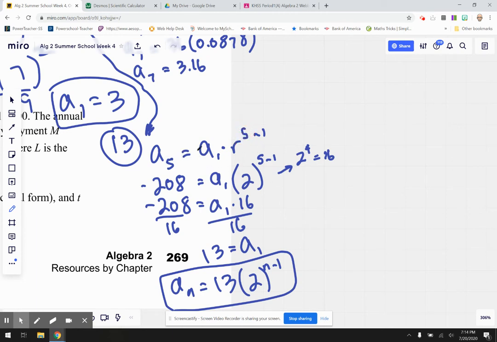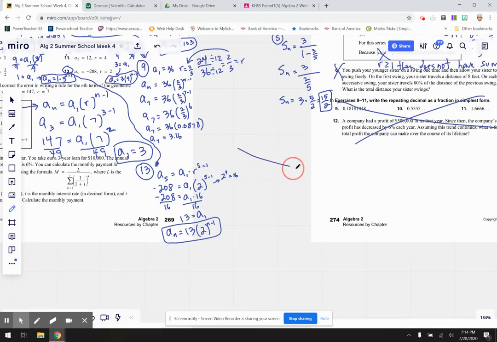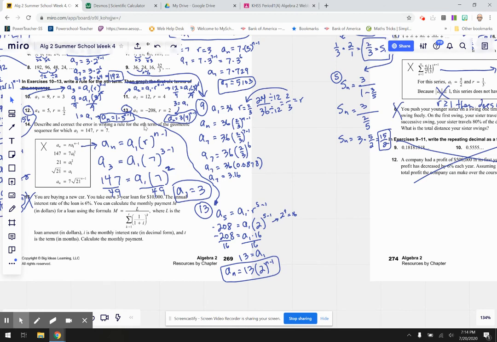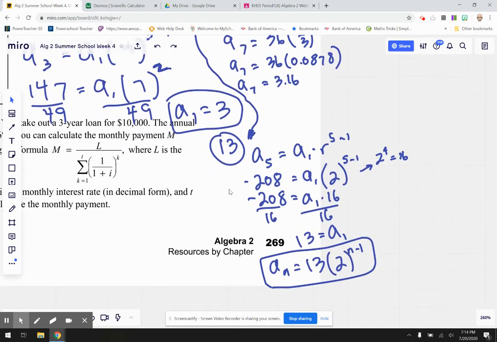So A5, you'd have a 5 minus 1. So plug in A5, and it does say that A5 is negative 208, and the ratio is 2. Okay, so negative 208 is A5. The ratio is 2. And we have 5 minus 1, which is going to be a 4. 2 to the 4th power.